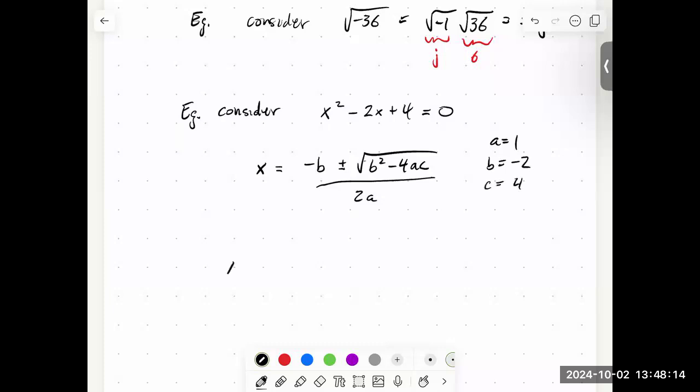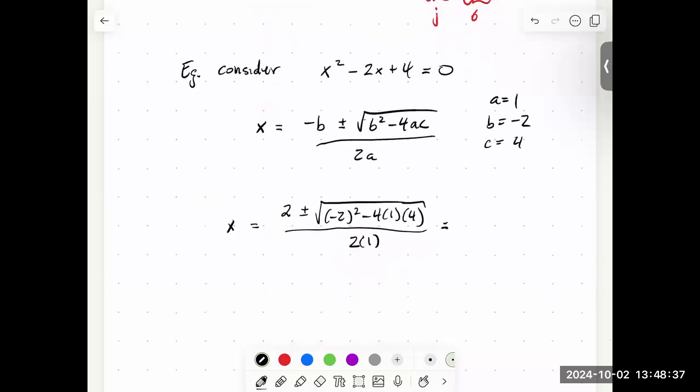Okay, so x is equal to minus b, which is +2, plus or minus the square root of b squared, minus 2 squared, minus 4 times a, which is 1, times c, which is 4, and then divide by 2a, so we divide by 2 times 1.